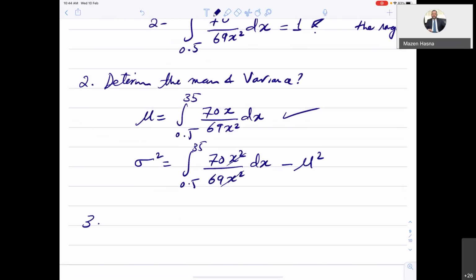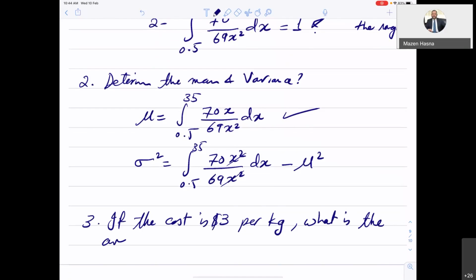So 3, I can ask you if the cost is $3 per kilogram, what is the average shipping cost?